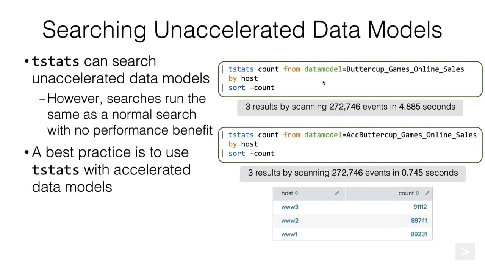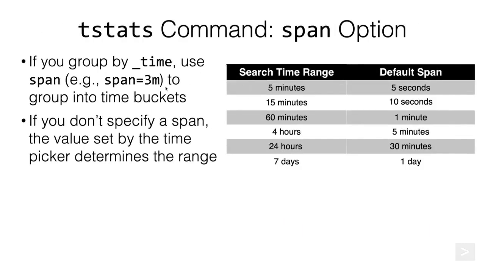So we saw that we can use tstats to search both accelerated and unaccelerated data models, but there's a performance gain to using tstats with accelerated data models. We saw that if we group our statistics by time, tstats behaves like the timechart command.